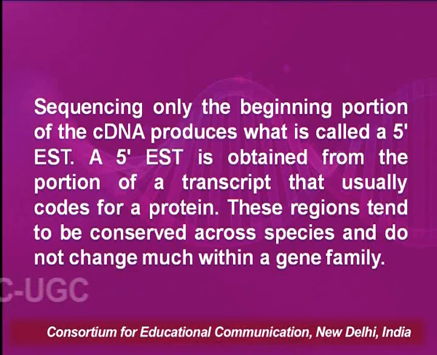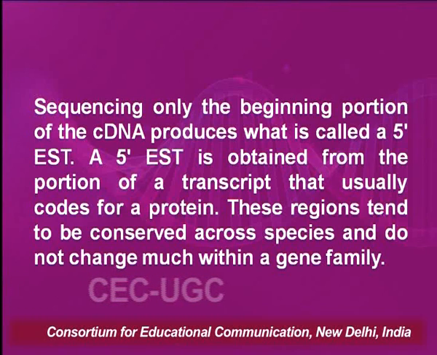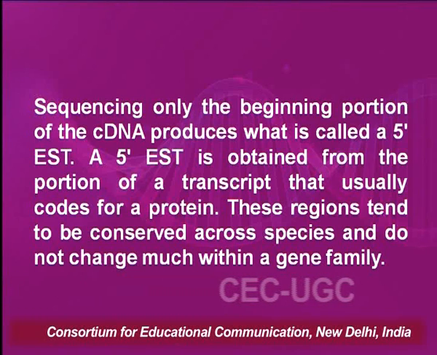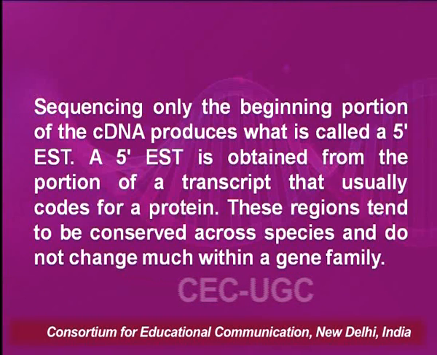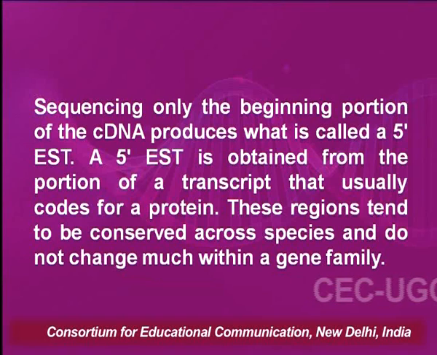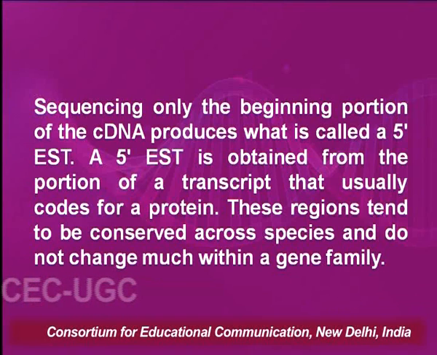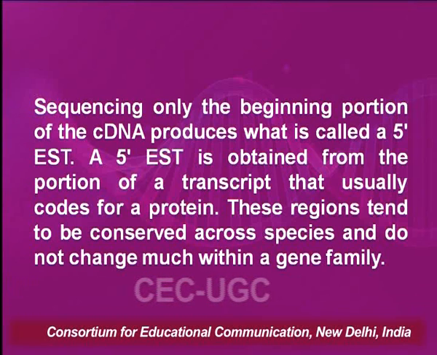The cDNA has a 5' end and a 3' end. The EST present at the 5' end is called the 5' EST. A 5' EST is obtained from the portion of a transcript that usually codes for a protein. These regions tend to be conserved across species and do not change much within a gene family.